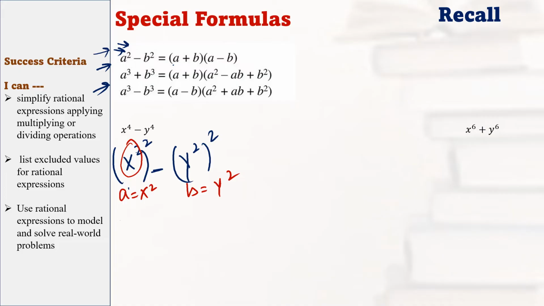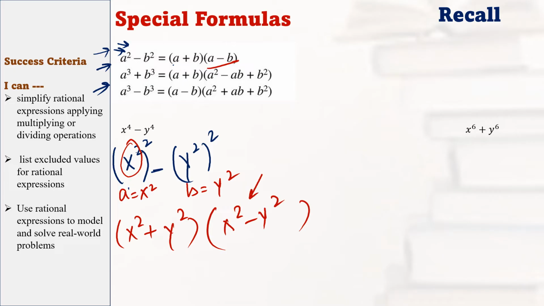So one time I have to write a plus b, which means x square plus y square. And one time I write a minus b, that is x square minus y square. Now this is again the power 2. So when there is a power 2, I know that my a is x and my b is y.